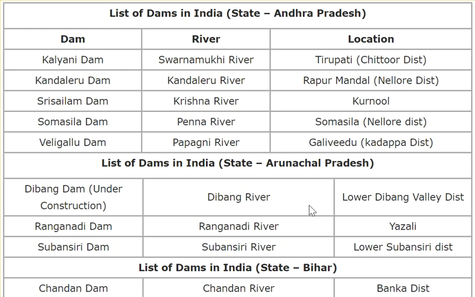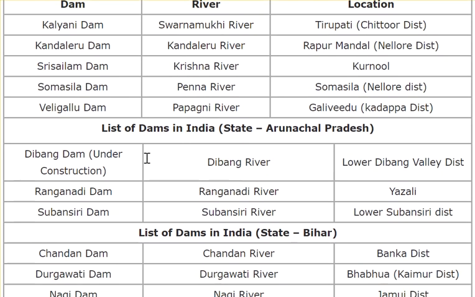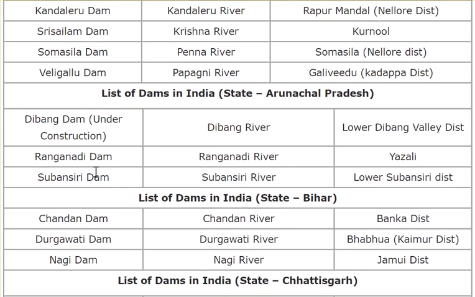So you see, at first, in alphabetical order, comes Andhra Pradesh. In Andhra Pradesh there are five dams you have to remember. So first you can remember the number of dams per state. For example, Andhra Pradesh has five, and Arunachal has three, and since there are only three, it is easy to remember.